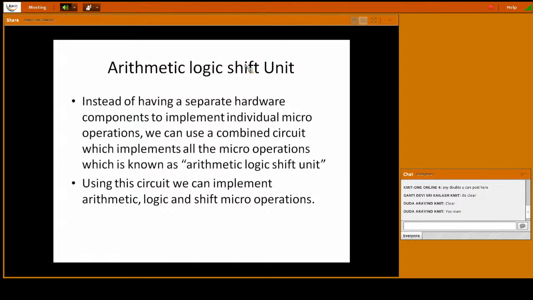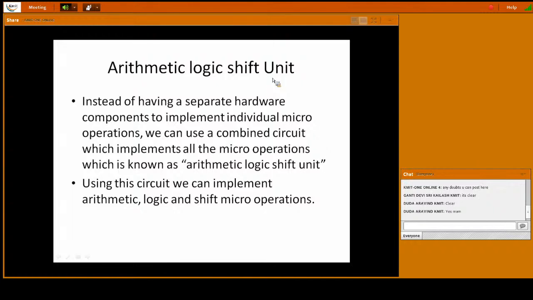Instead of having a separate circuit for every micro operation, you can have a combined circuit which will implement all the micro operations. A combined circuit which implements arithmetic micro operations, logic micro operations, as well as shift micro operations is known as the arithmetic logic shift unit.